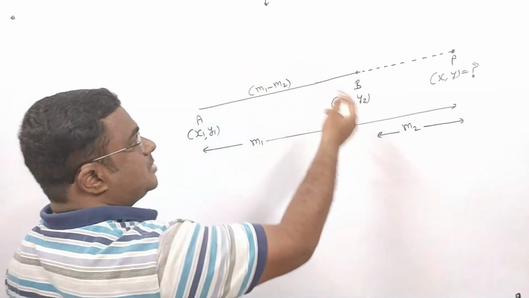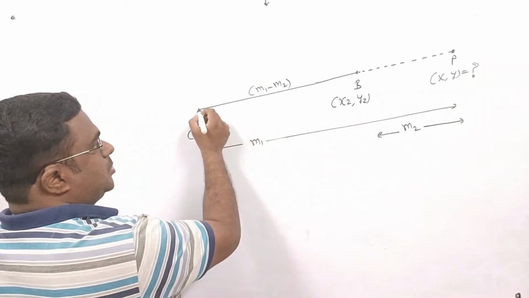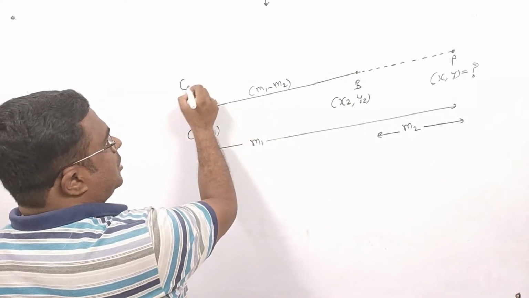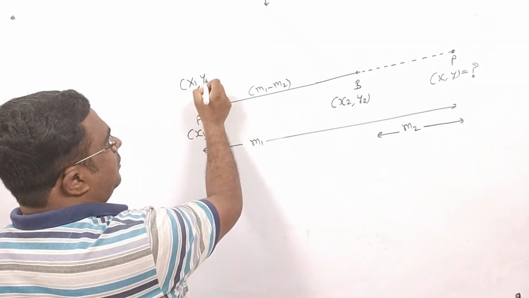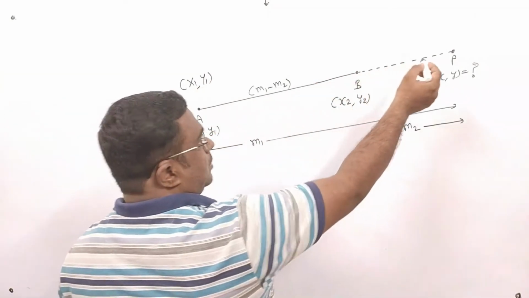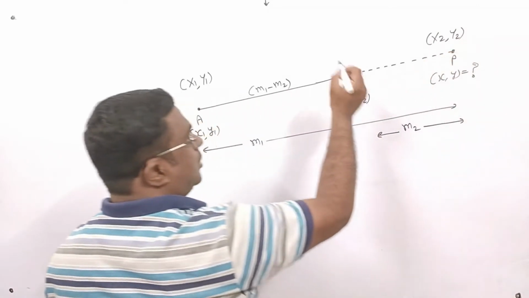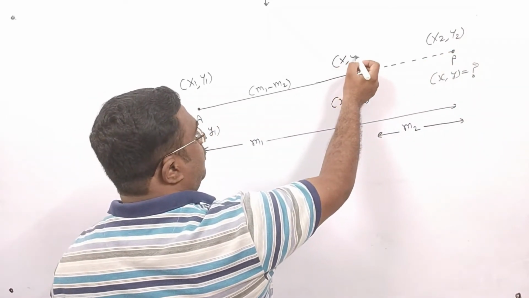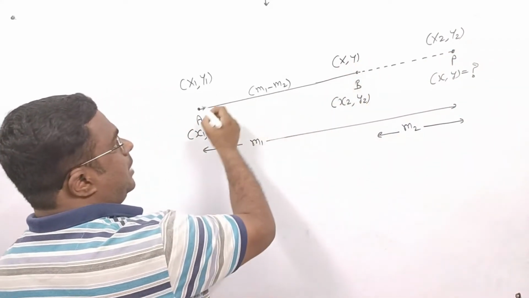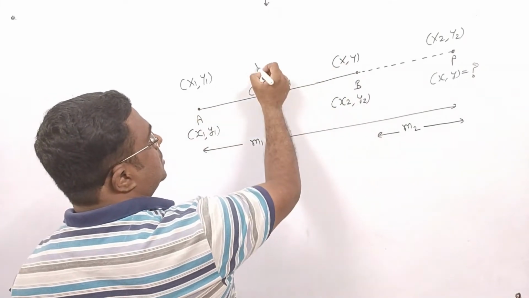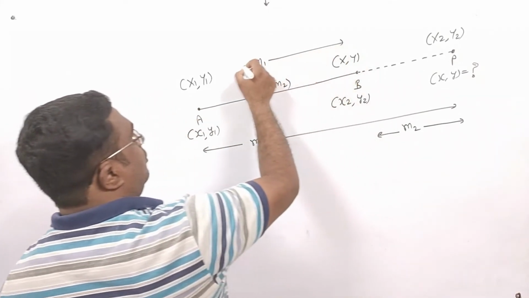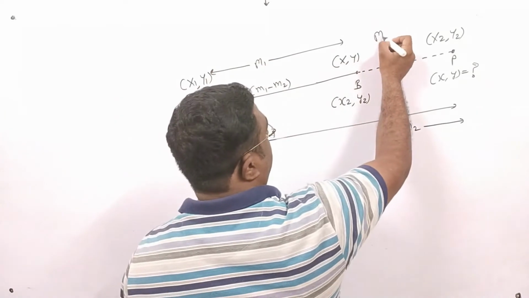Let us reconsider the coordinates of these points. Suppose coordinates of A are capital X1, capital Y1. Coordinates of P are capital X2, capital Y2. Coordinates of B are capital X, capital Y. And from here till here the ratio is capital M1, and from here till here the ratio is capital M2.